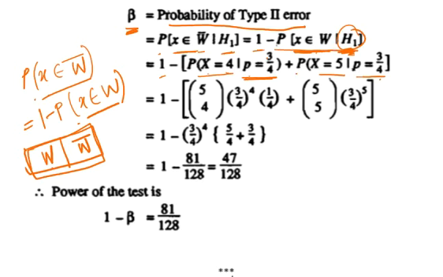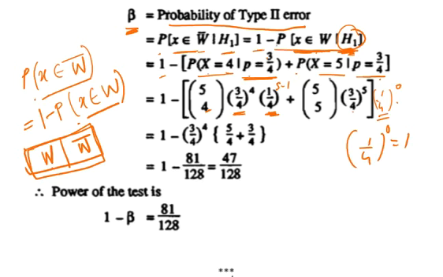So 1 minus 5C4, 3 by 4 to the power 4, that is, 5C4 p to the power x times 1 minus p, which is 1 minus 3 by 4, is 1 by 4, to the power 5 minus 4 is 1. Then 5C5, 3 by 4 to the power 5, and 1 by 4 to the power 0, which is not written because 1 by 4 to the power 0 is equal to 1.